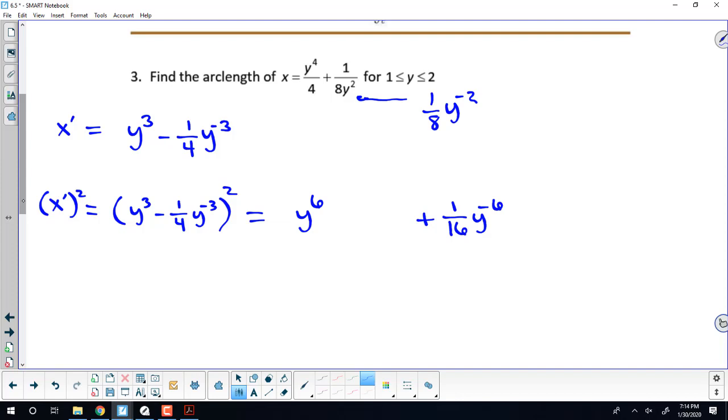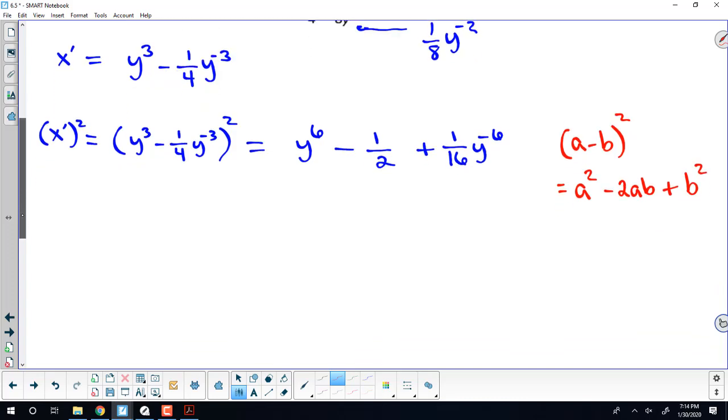And then 2 times this product, the y's go away, it's y to the 0. 2 times negative 1/4, negative 1/2. So just keep this in mind when we square the difference of two things. That's a squared minus 2 times a times b plus b squared. Okay, so there's our derivative squared.